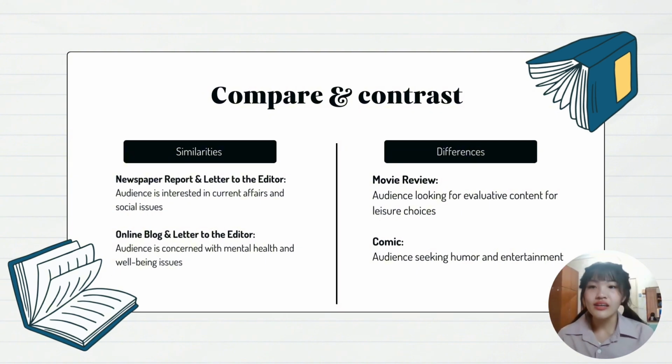On the other hand, the online blog and the letter to the editor both attract audiences who are concerned with mental health and well-being issues in our society. For the differences, the movie review is intended for audiences who are seeking evaluative comments or content to decide on their later choices, while the comic itself attracts audiences who are looking for entertainment.